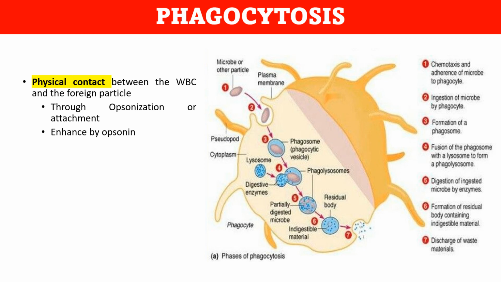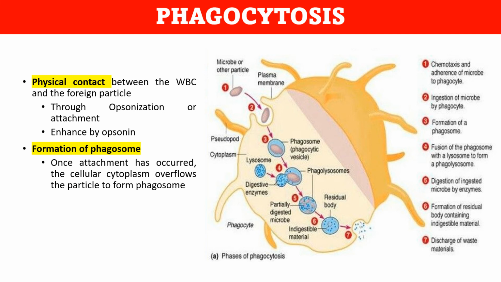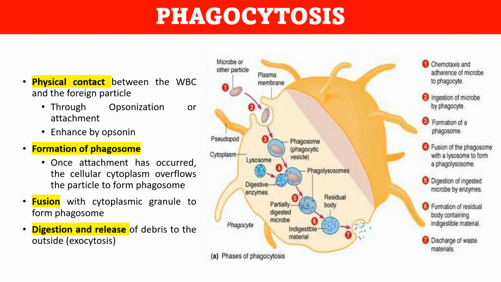The process involving phagocytosis begins with physical contact between white blood cells and the foreign particles through opsonization or attachment, enhanced by opsonin. Next is formation of phagosomes. Once attachment has occurred, the cellular cytoplasm overflows the particle to form a phagosome. Then fusion with cytoplasmic granules, and digestion and release of debris.